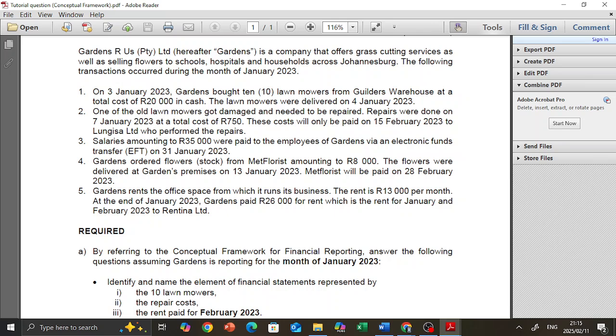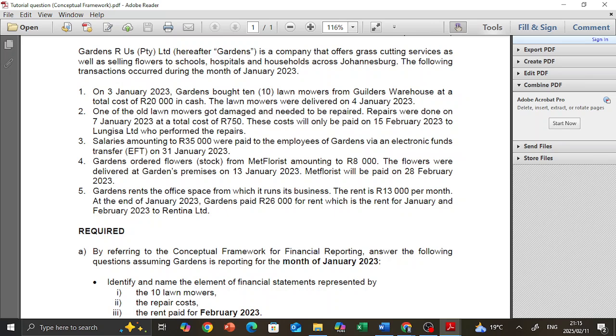On 3 January 2023, Gardens bought 10 lawn mowers from Gilder's Warehouse at a total cost of 20,000 Rand in cash. So we know for a fact bank is being affected because it was bought in cash. The lawn mowers were delivered on 4 January 2023.